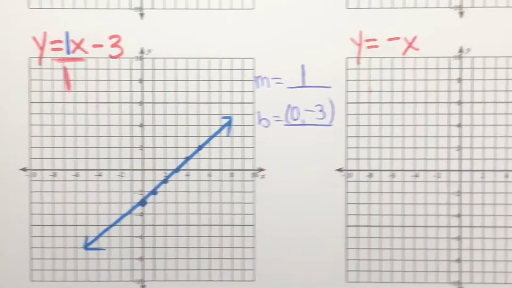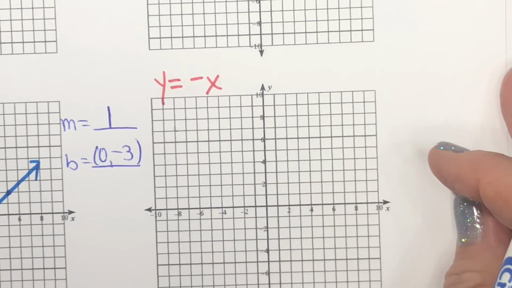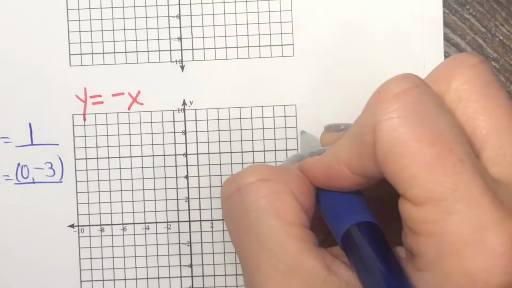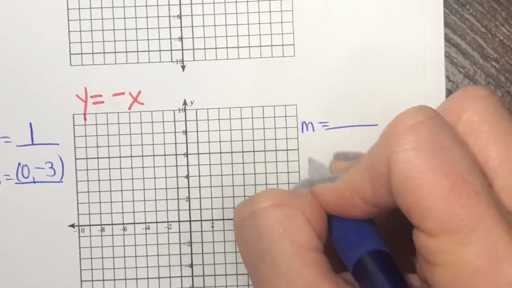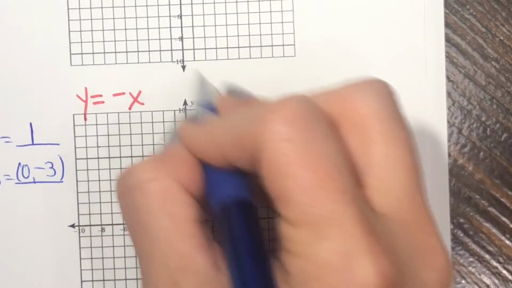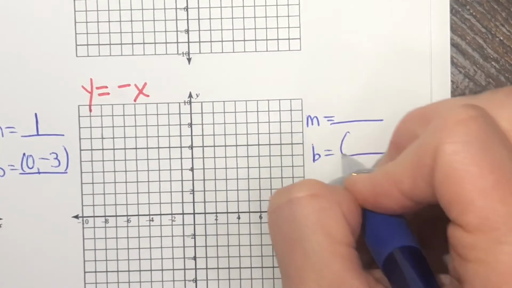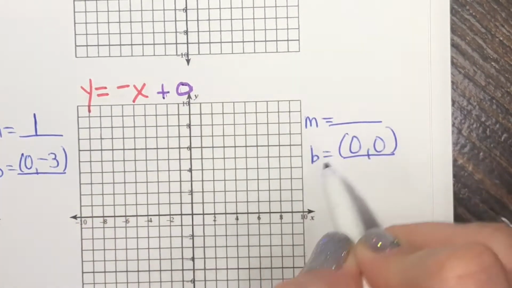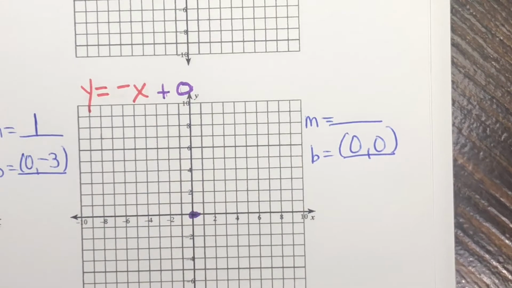Got it? Which means that this one shouldn't be too confusing either, because if I'm looking at y equals -x, and I need to take a look at what my m and my b are, my beginning value has nothing there, which means I'm starting at a beginning value of the origin, right? Again, remember what I said, some people like to kind of say, okay, nothing there, 0, 0, right there.